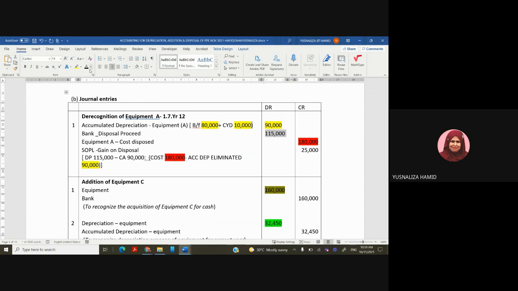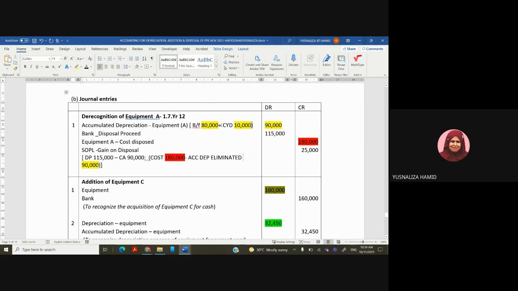disposal proceed 115, you would see that the disposal proceed is greater than the carrying amount. Recall the lecture. If you forgot what I mentioned about the lecture, go and rewatch the lecture as many times as you like. Okay, so we are talking about the disposal proceed, DP, minus CA, which is carrying amount. How do you get CA? Cost minus accumulated depreciation that were being eliminated.